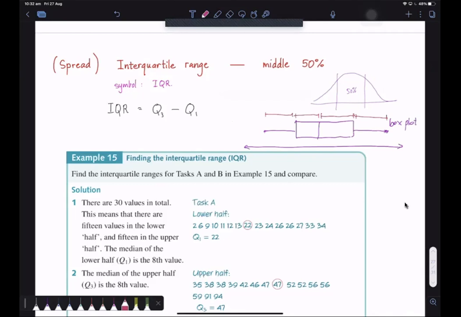And 4 segments. Each of these segments here represent 25%. Okay, so you can see what I mean when I say the middle 50%. That's from this section up until this section. That's the middle 50%.